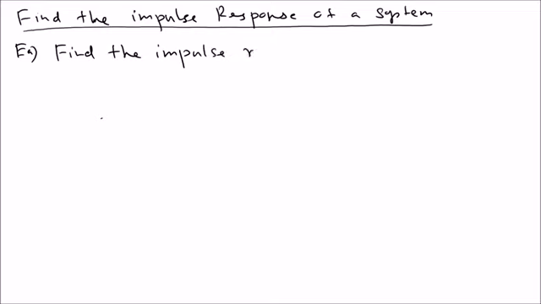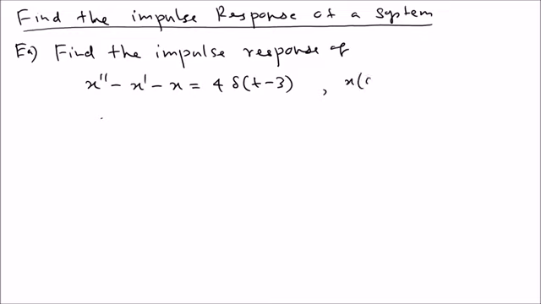Find the impulse response of this one, x double prime minus x prime minus x equals, let's say, 4 delta t minus 3, something like that. And also with x of 0 equals 0 and x prime of 0 equals 0, just to make things easy.